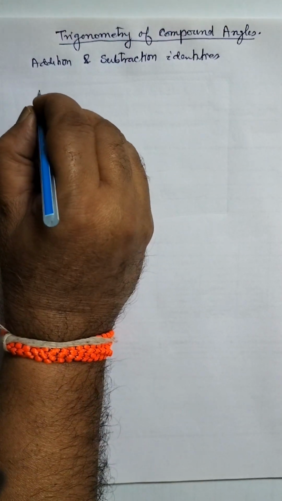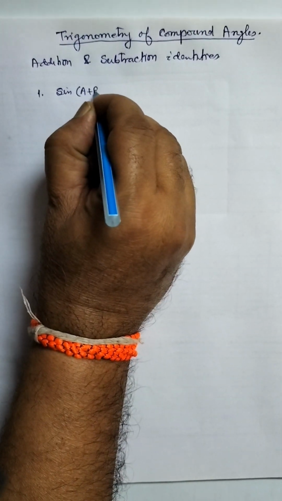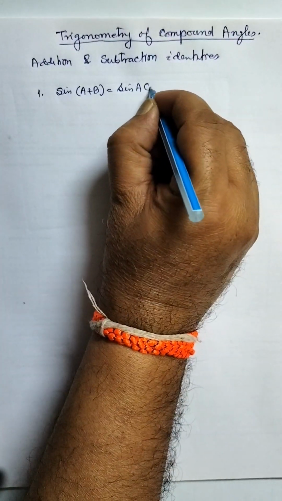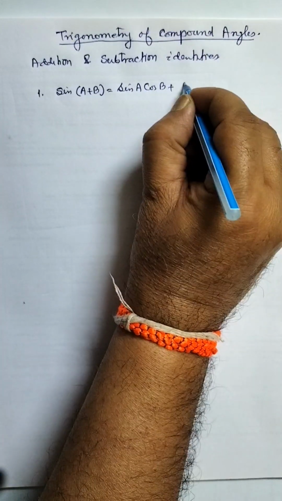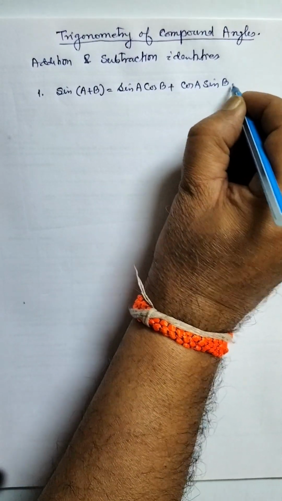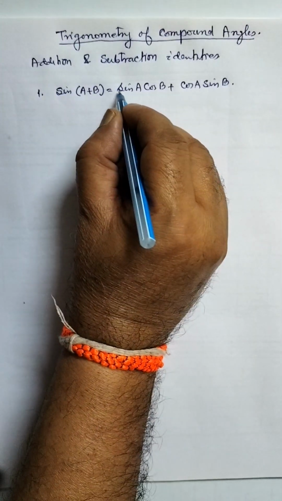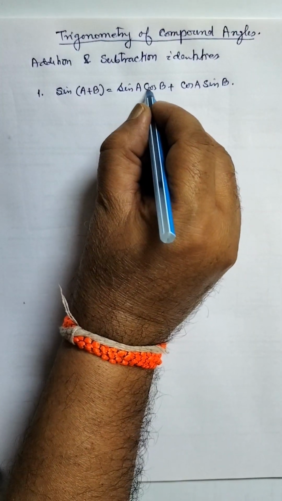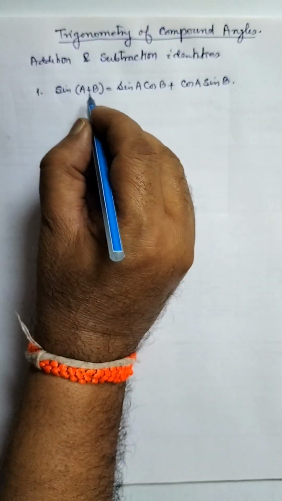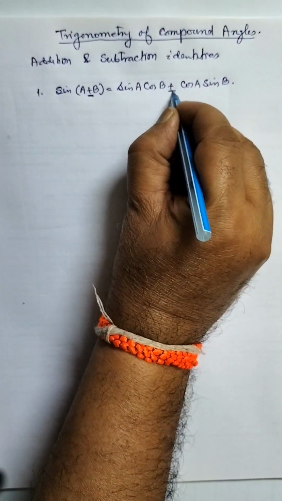The first one is sine of A plus B is equal to sine A cos B plus cos A sine B. So when two angles are added, the identity is sine of A times cos of B plus cos of A times sine of B. And if it is subtracted, A minus B, then we will have a minus sign here.